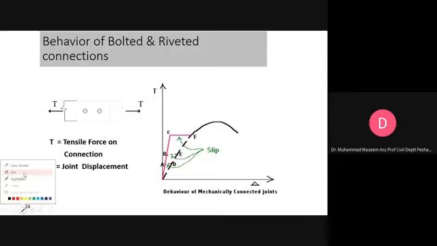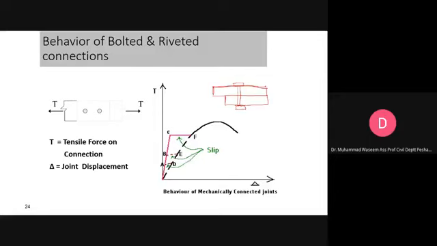Okay, so let me draw a lap joint. I'm not drawing the fasteners. Okay, so let me draw a fastener. I hope this will be clear to you.